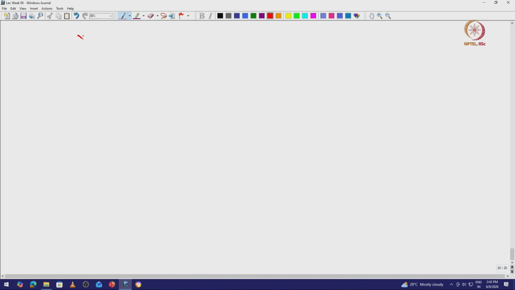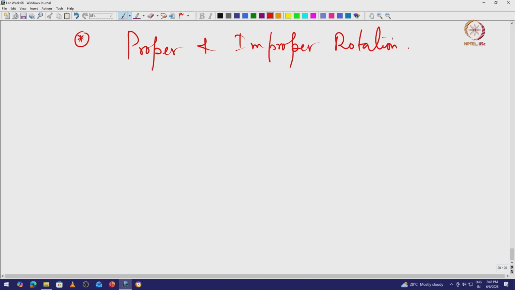The final one does not require much time, and is called proper and improper rotation. It can be for any other symmetry, but let me just focus on the rotation. So, let us say I have some 2 dimension or 3 dimension, and I have some point here, and I have minus r here.